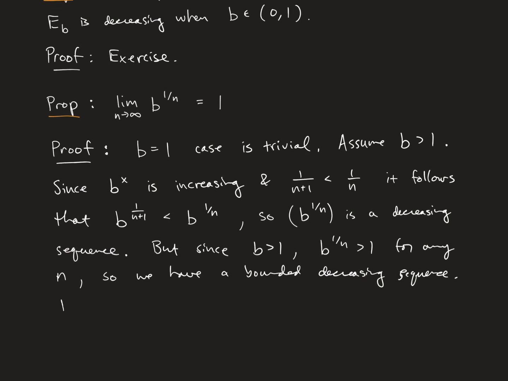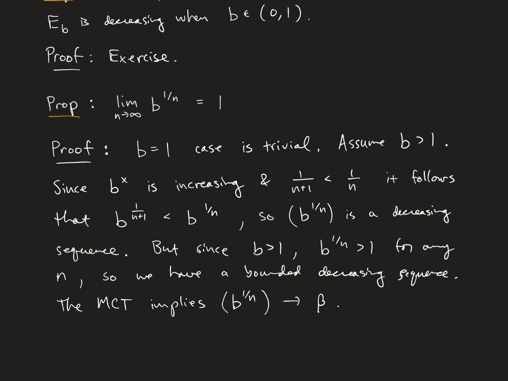So therefore, the monotone convergence theorem implies there is a limit. It implies b to the 1 over n converges to some limit, say alpha. Or maybe we'll just call it beta.